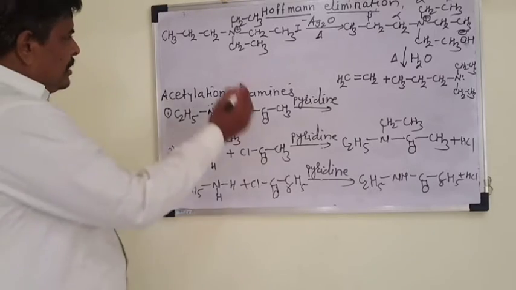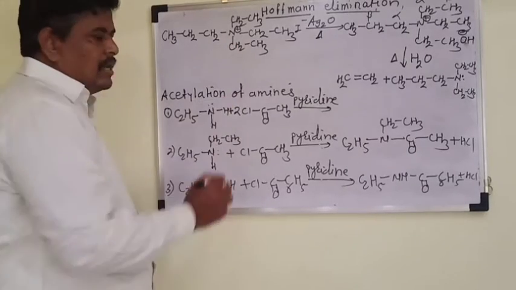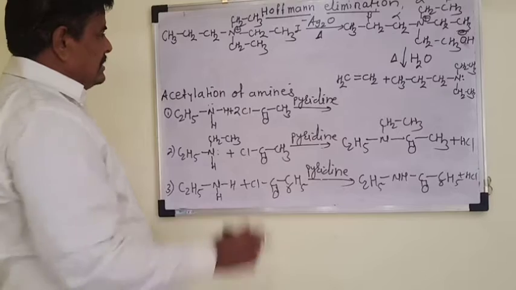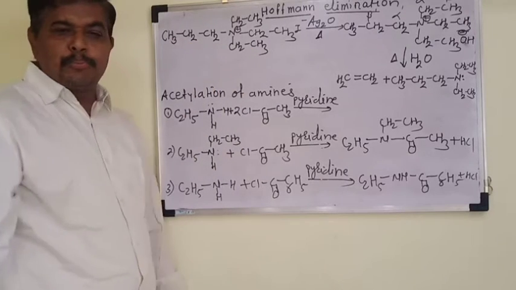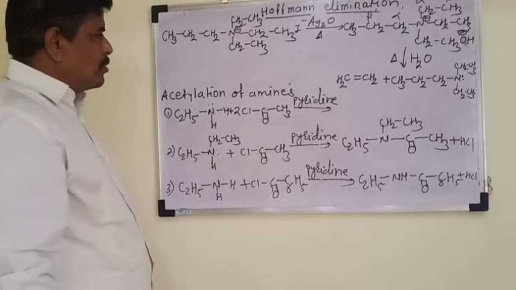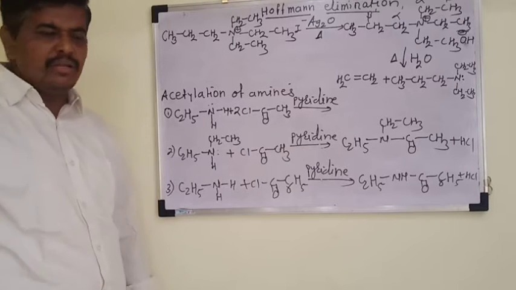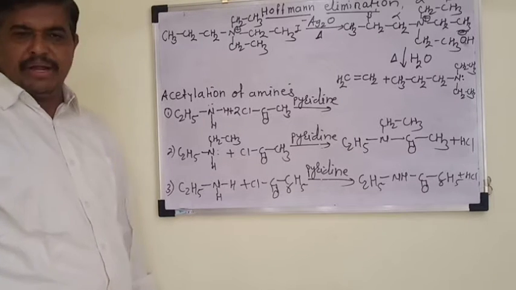For example, if we consider this quaternary ammonium iodide, this is triethyl propyl ammonium iodide.